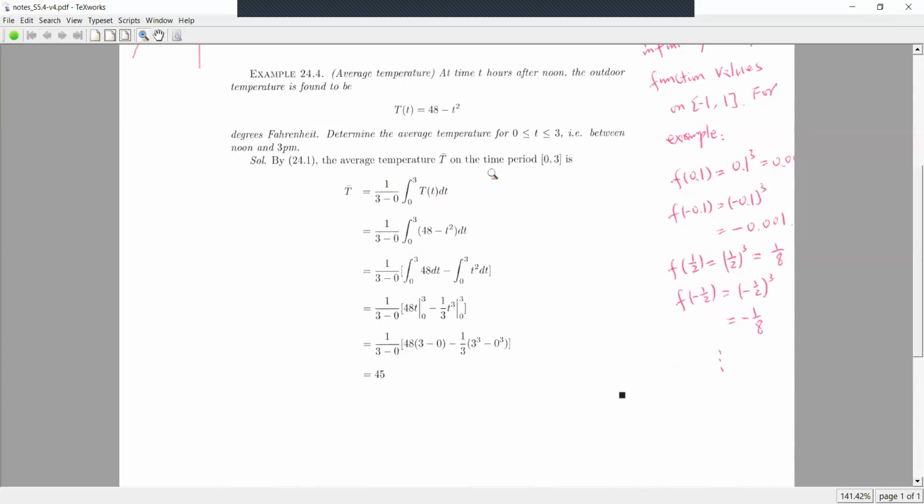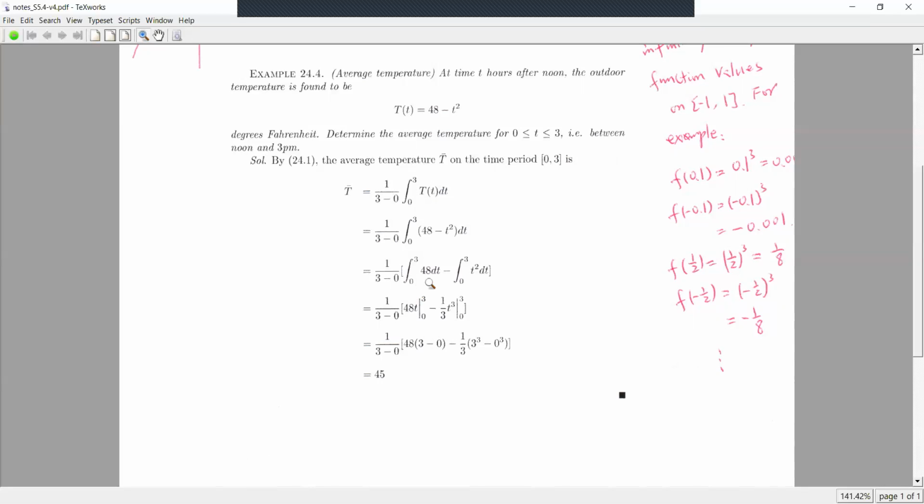Now b is 3, a is 0. Plug in 48 minus t squared for the function. Then we have this equation. Split the integral into a difference of two integrals by the difference formula.